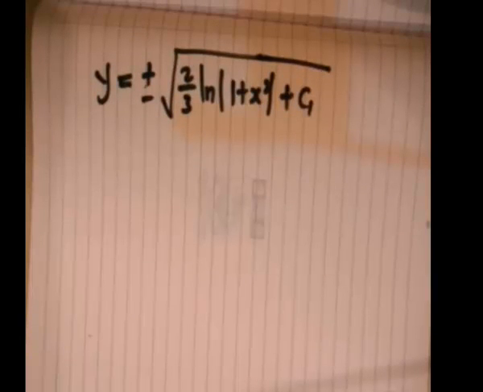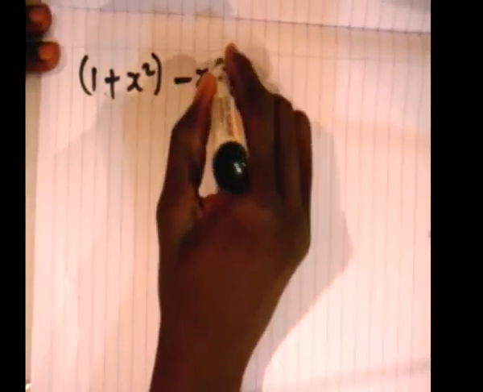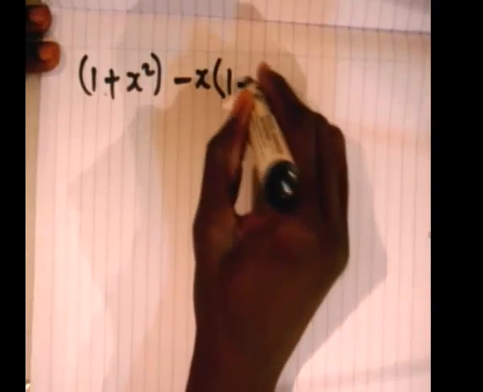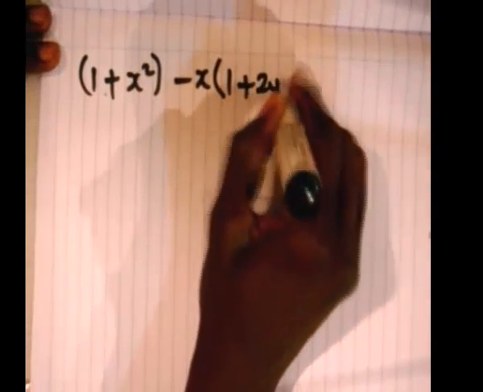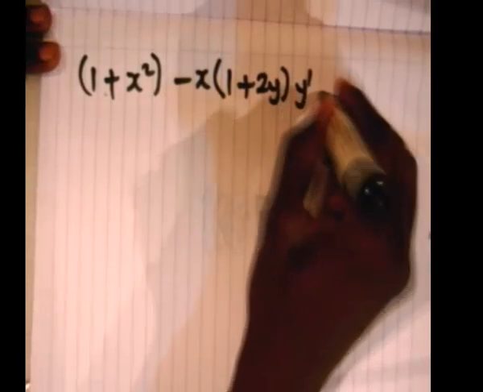Let's look at another example. Solve the equation 1 plus x squared minus x into bracket 1 plus 2y y prime equals 0.